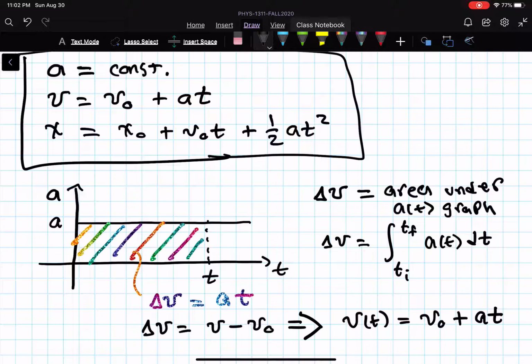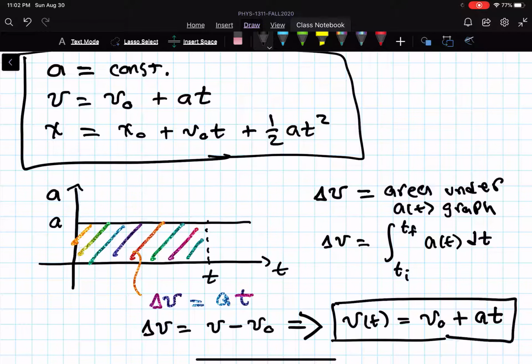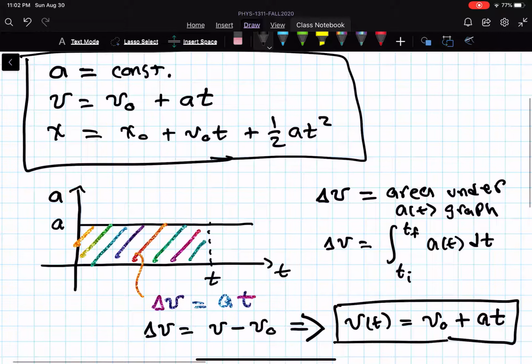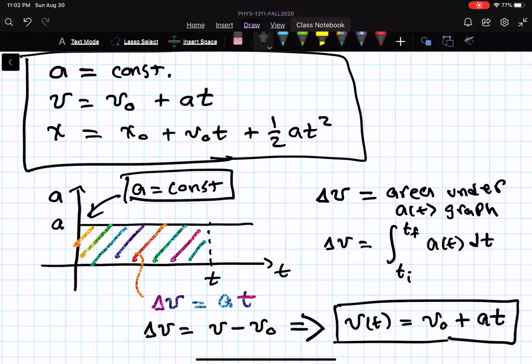Okay, so this is our second kinematic equation. Our first one was obvious, right? A is just a constant. In fact, I could write that on this graph here. A is just a constant. Okay, so this is our second kinematic equation.